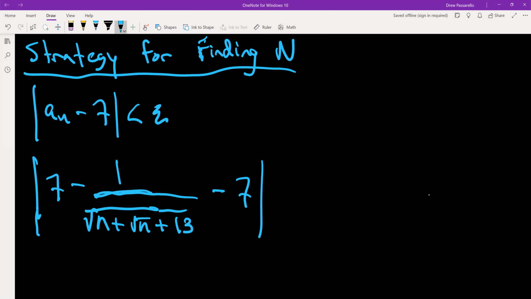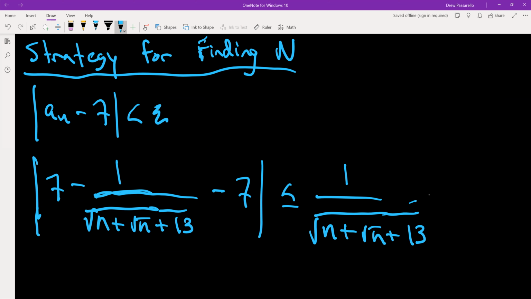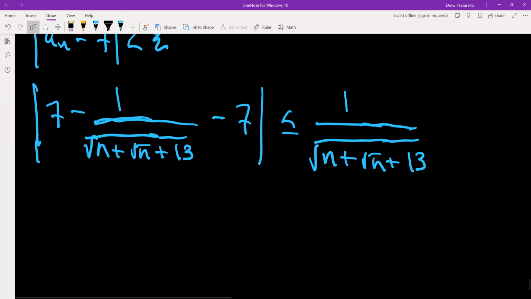Well, the 7's cancel each other out since it's 7 minus 7. And then we have this to be less than or equal to positive 1 over all that same stuff, 1 over the square root of n plus square root of n, and then plus 13. Okay, and I need all of this to be less than epsilon.